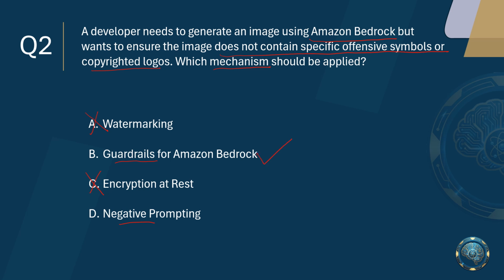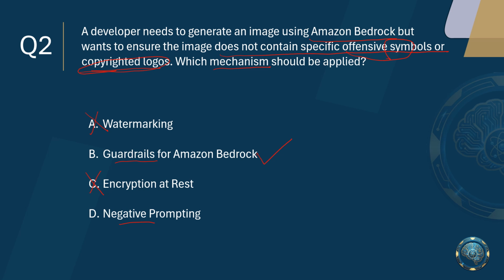Let us tweak the question a little bit so that negative prompting is the best answer. Instead of an offensive symbol and a copyright logo, if the question says a specific offensive picture or icon, then what prompting technique should be applied?